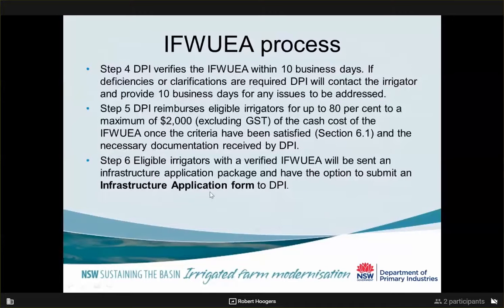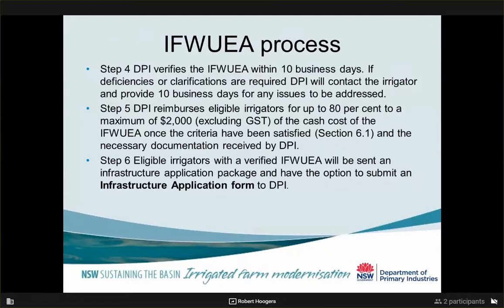Verified within 10 business days by myself in DPI. If clarifications are required, it's not a knockback process. It's a matter of having another 10 business days to negotiate errors, fix them up, and get all the technical issues out of the way before the funding application is put in. This whole process of the IFWUEA is for ironing out all those technical issues so that those technical issues don't knock you out of funding in the next round.